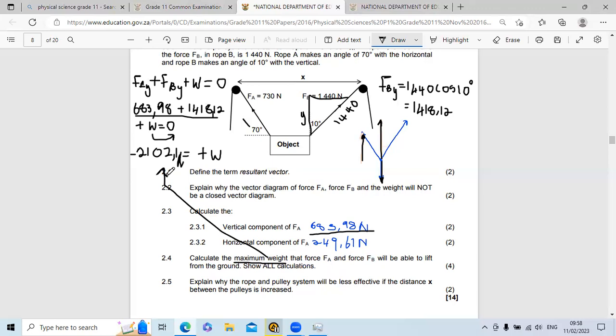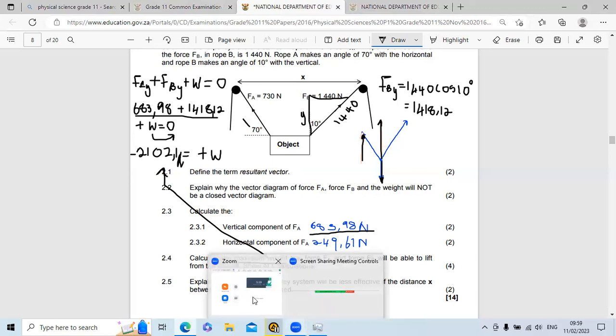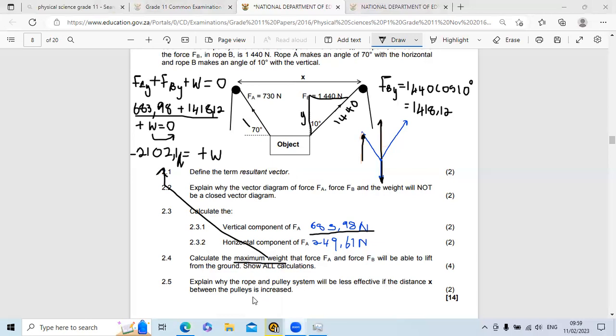Do you guys understand this part, or do I need to explain it further? Let me just have the chart here. Do you understand, or do I need to explain this more?